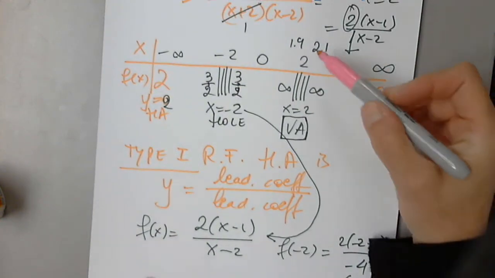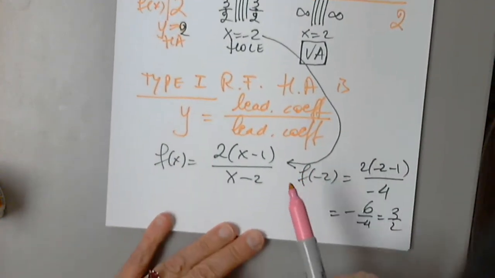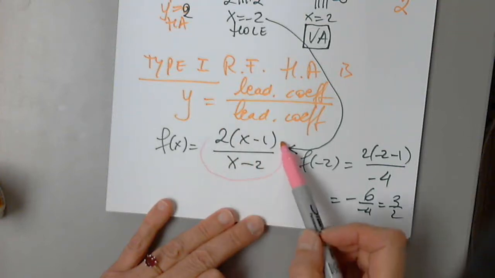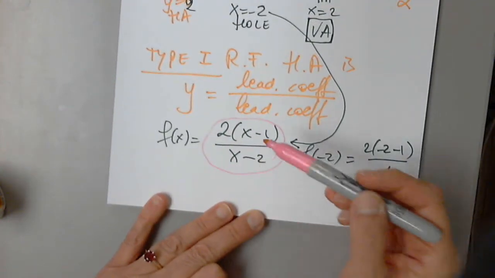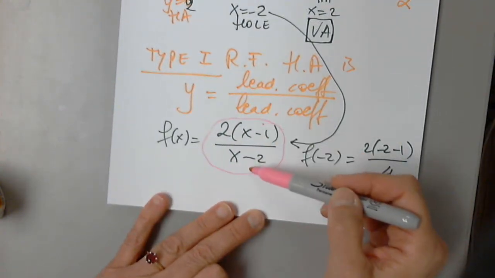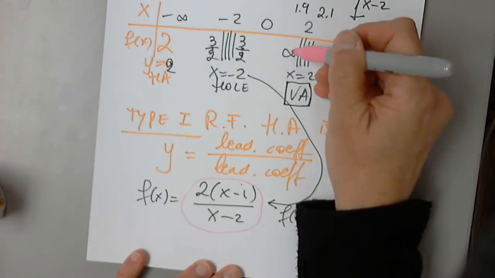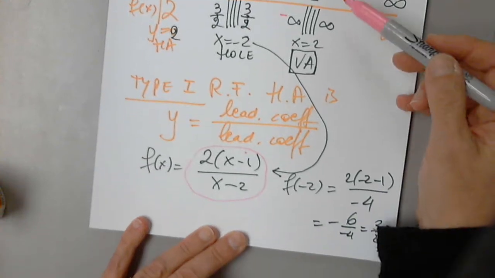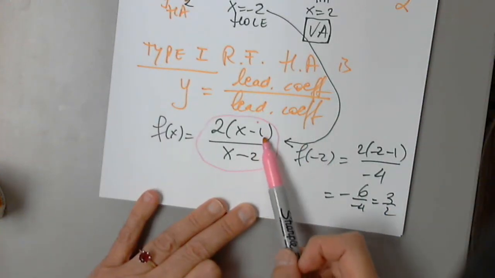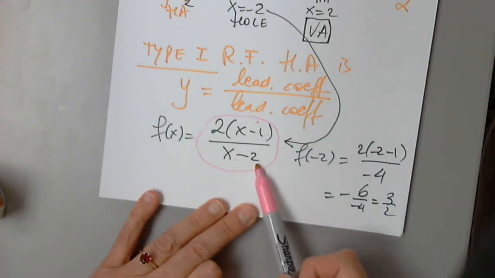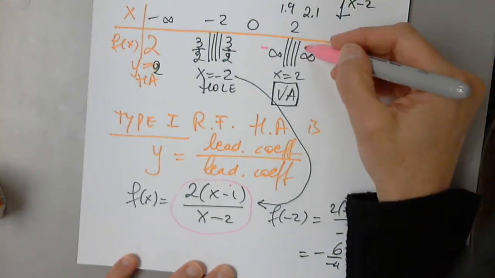Okay, so now we plug in 1.9. I only need the sign. When we plug in 1.9 here, the top is positive, but the denominator is negative. So what is the sign of this infinity? Perfect. With 2.1: 2.1 plus 1, 2.1 minus 2. The sign will be? Awesome.